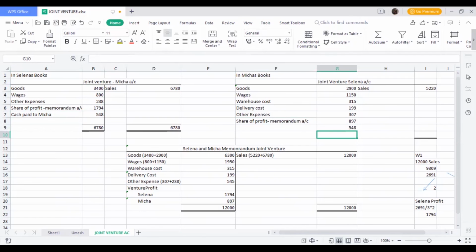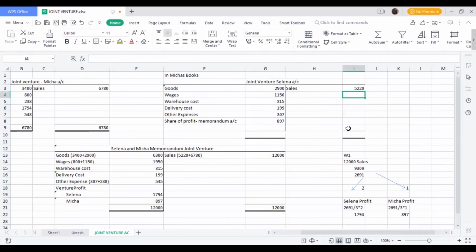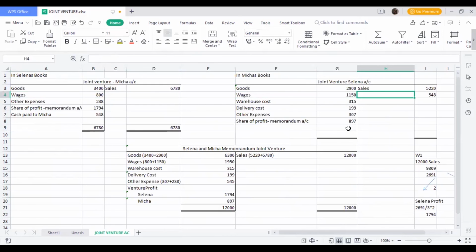So now when I add these values, that should get balanced in both the accounts. That's how this actual account is made. So now this is on the debit side here. So this should be on the credit side, this side. We'll write here, the better term to write there is going to be cash received from Selena.